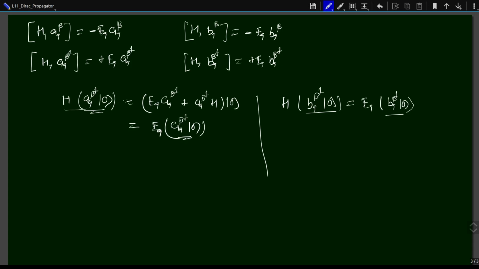I'm not showing that again because it is similar to the exact expressions we used for the harmonic oscillator. So next we move on.